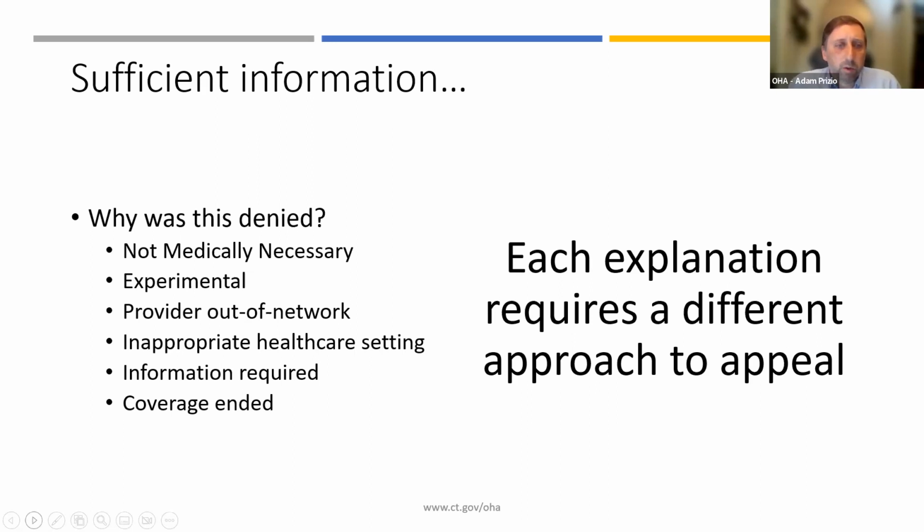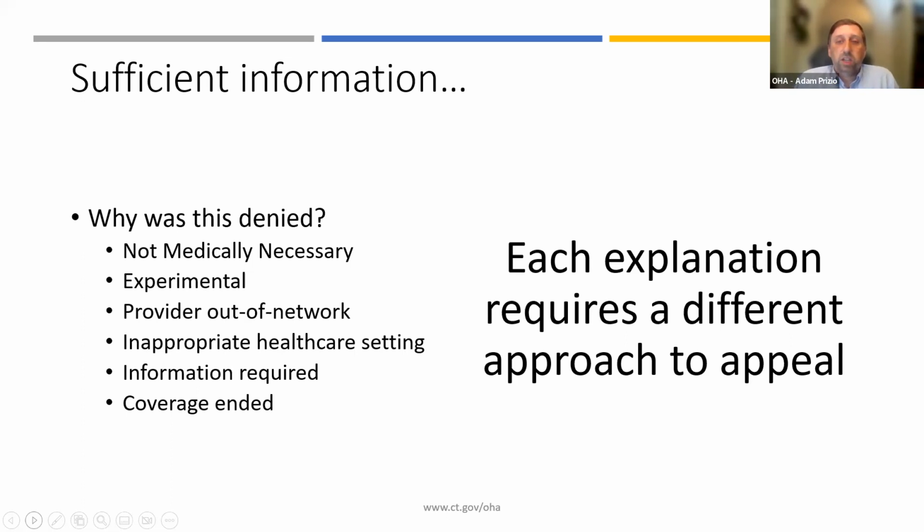It's not uncommon for a denial to come because they don't have enough information to approve it. And that's one where we would go to the provider and say, give us all the information. Let's make a complete claim out of this and see what happens. And sometimes people get a denial because their coverage has ended.